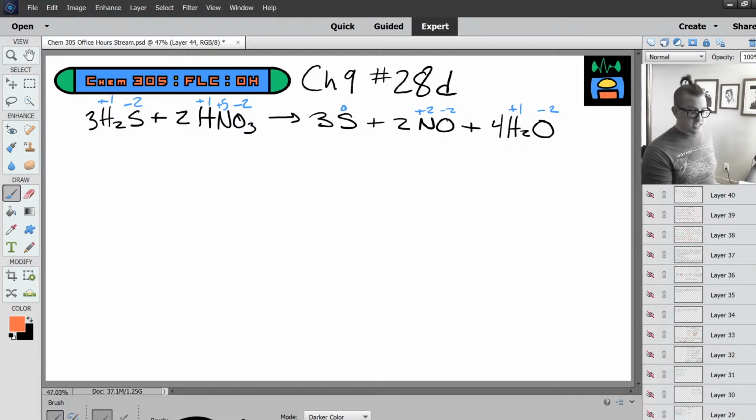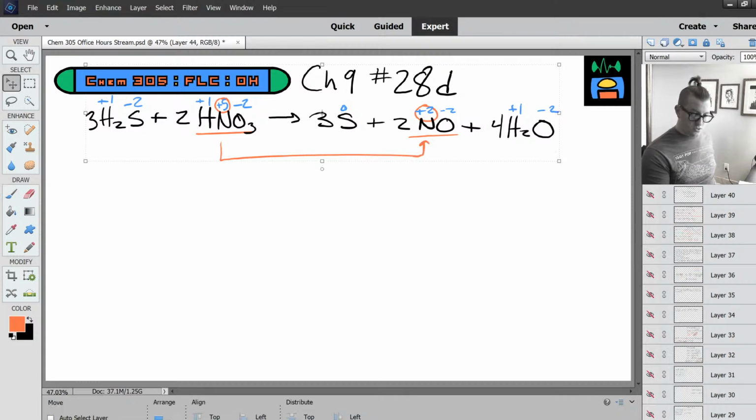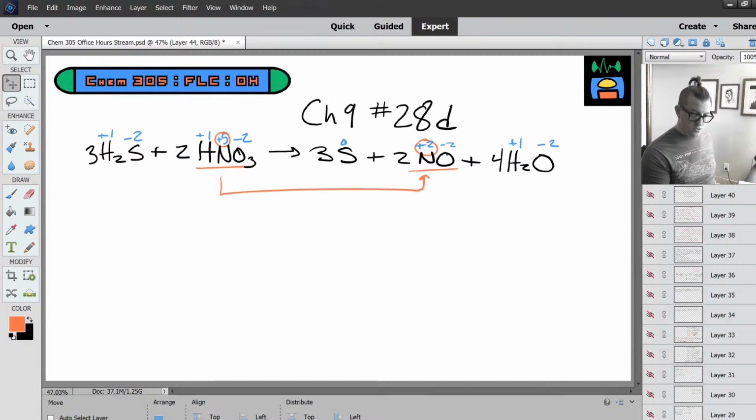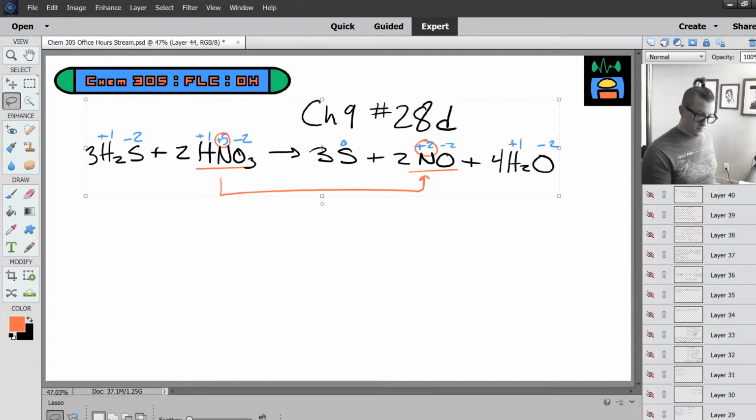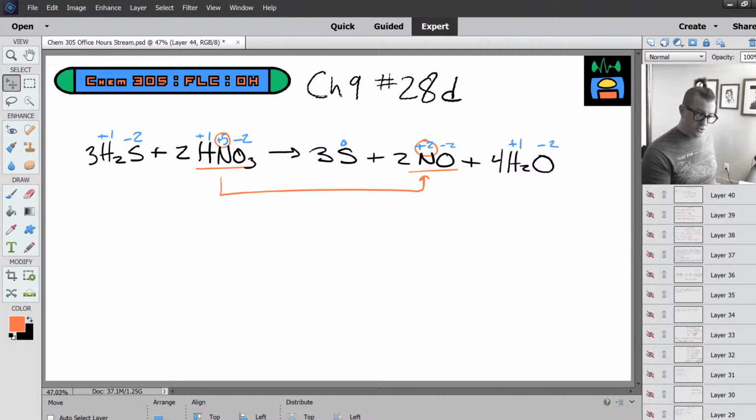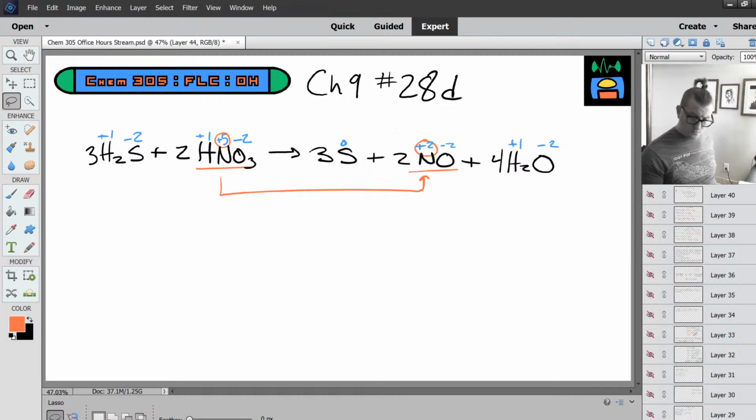And one thing you'll notice is nitrogen starts at a +5 and ends at a +2. That's a change for sure. Looking for something else that's changed in this reaction, another thing that jumps out to me is sulfur.